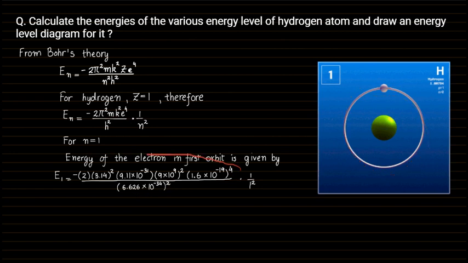Now when you calculate this value, you can use your calculator. You get minus 21.76 times 10 to the power minus 19 joules. Now this is the unit of energy. Let us express this energy in terms of electron volts.